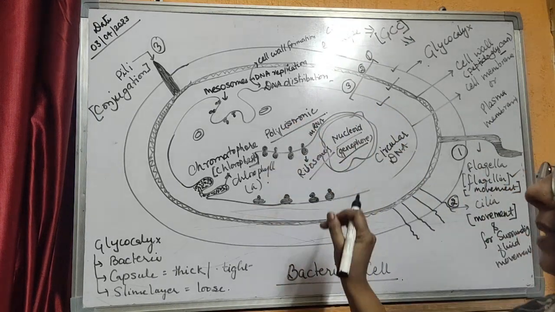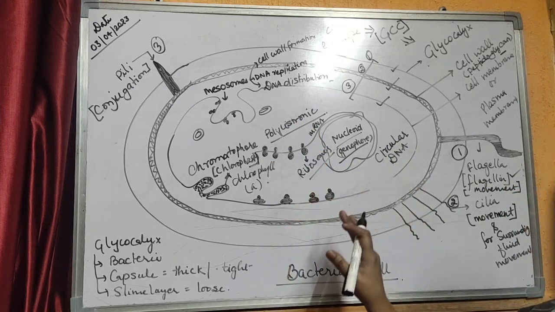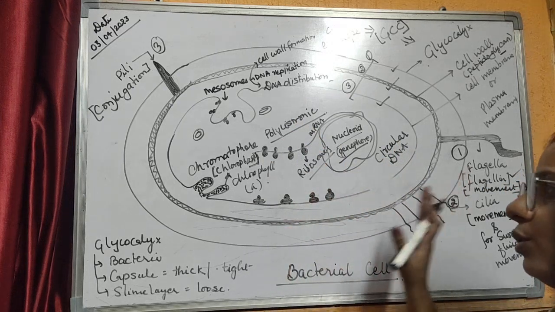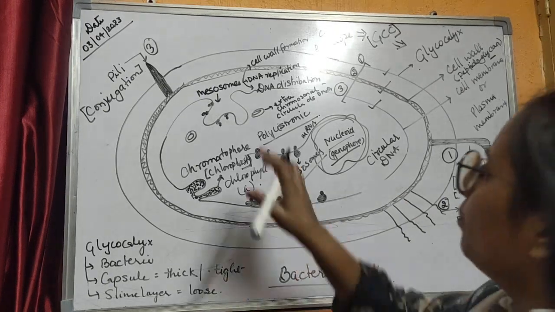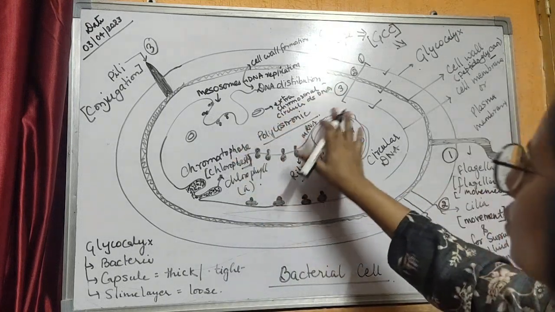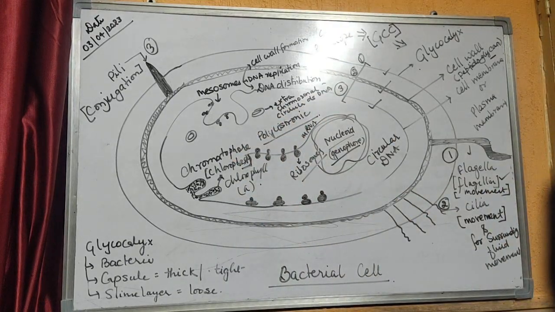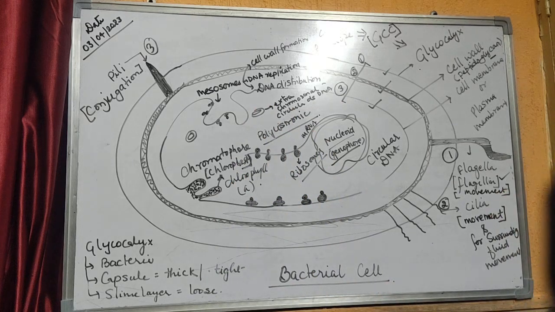These are the three specific structures that are different in prokaryotic or bacterial cells compared to eukaryotic cells. One more thing a bacteria has is the circular extra-chromosomal double-stranded DNA. Now, four specific characteristics a bacteria has, which we will study in the next class. Thank you.